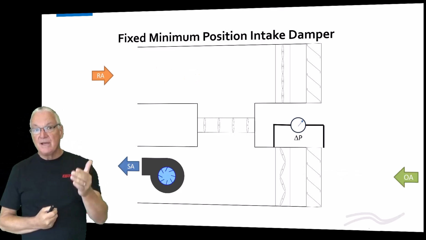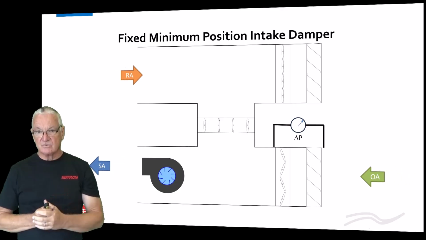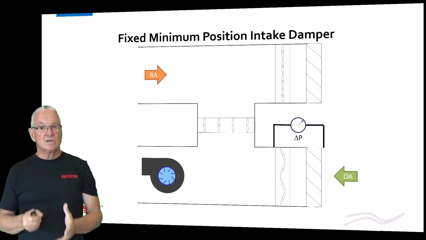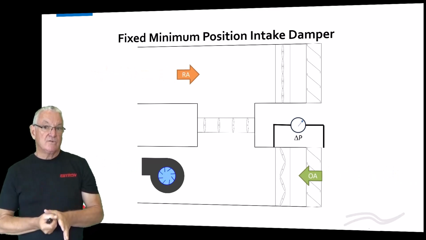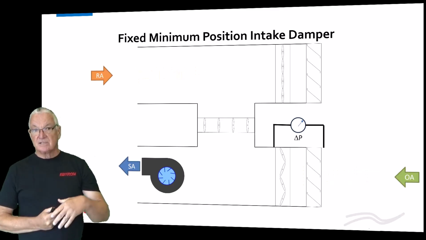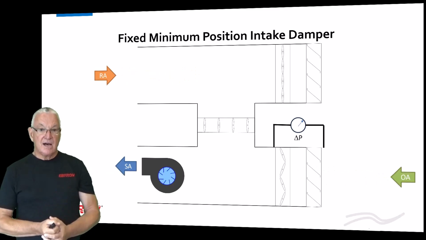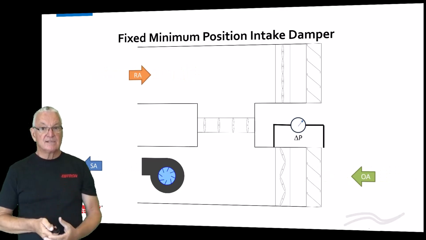Okay, so basically what we have here, when we have a fixed minimum position intake damper, that lower right, it's a fixed orifice. Okay, so it's got a fixed flow coefficient associated with it. And so for, say, design supply air, which is what we're showing now, we have a certain amount of outdoor air that's coming in.